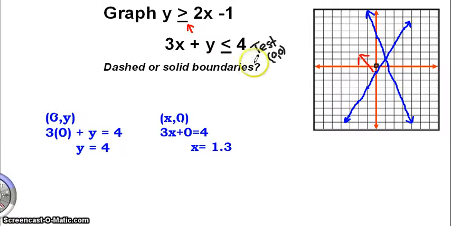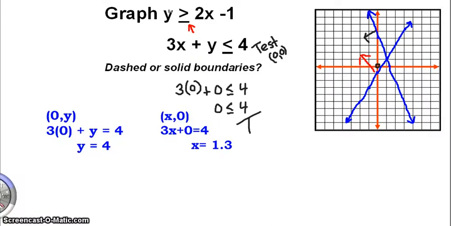I'd like to test a point for this standard form line. So if I test 0, 0, I put in 0, 0: 3 times 0, plus 0, less than or equal to 4. Anything times 0 is 0, plus 0, so I have 0 here. 0 less than or equal to 4, well, that is a true statement. 0 is less than 4. Remember, this is or equal to. I don't need 0 to equal 4.